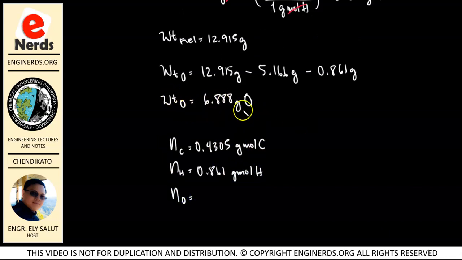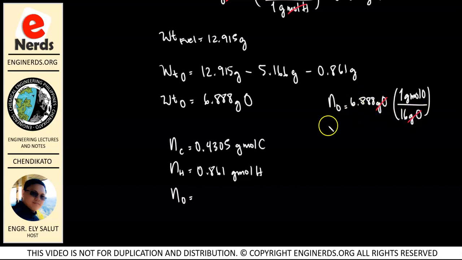So, we're going to get the number of moles of oxygen galing dito sa ating weight ng oxygen sa ating fuel. So, the number of moles ng oxygen is equal to 6.888 grams ng oxygen times yung molecular weight ng ating oxygen, which is 16 grams of oxygen per 1 gram mole of oxygen. Okay, so our unit will be cancelled out yung grams of oxygen.